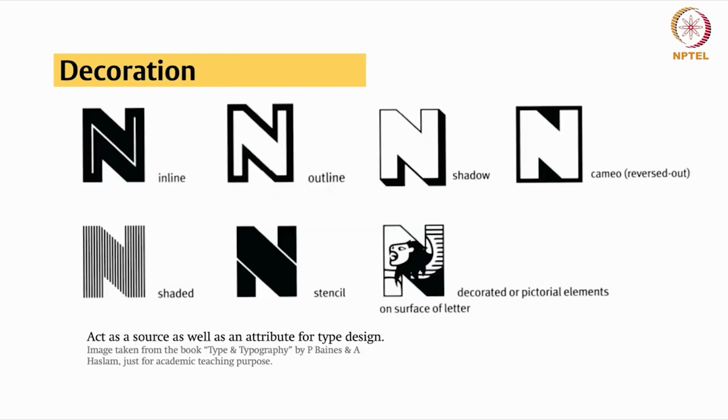Another important thing is decoration. Decoration in typefaces is very common, and this refers to added stylistic elements, embellishments or any kind of ornamental features in letterforms that go beyond functional design. These kinds of letterforms are quite popular in display typefaces.